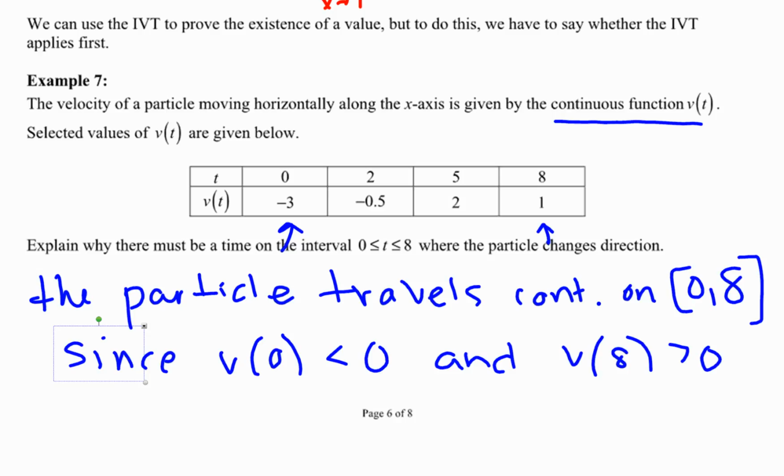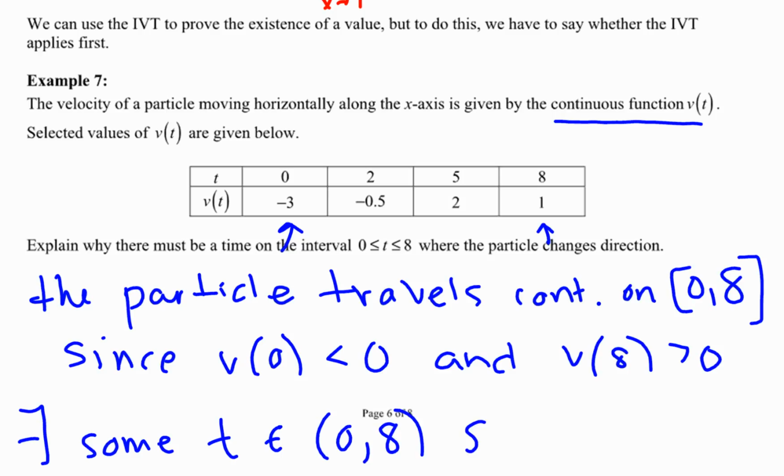I'm going to use our fancy terminology here. There exists some t value on that interval from 0 to 8 such that the velocity is 0. And we could say by the IVT.